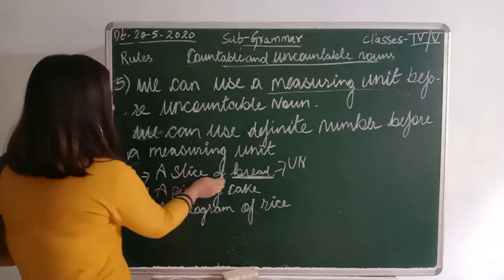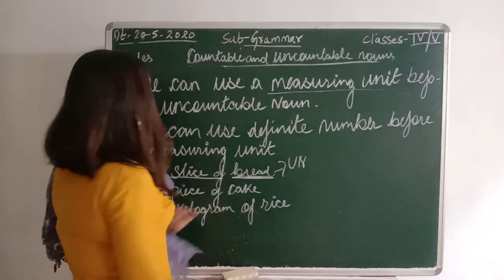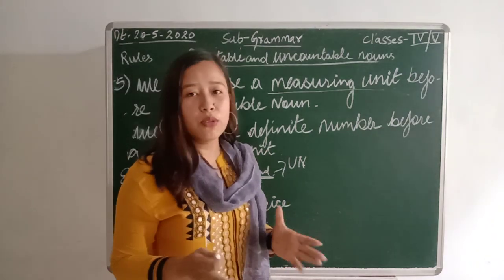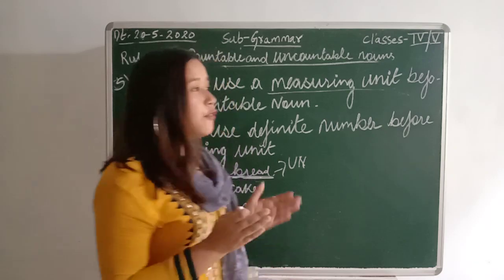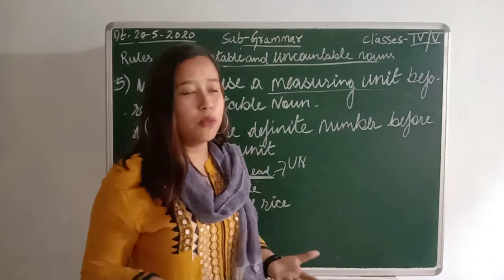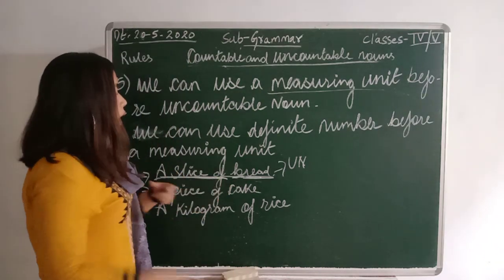A measuring unit or a suitable word, like a slice of bread. So if we talk about bread, we cannot count bread in general. So if we say one slice or one piece of bread, then we can count. So we have to write this suitable word, a slice of bread.